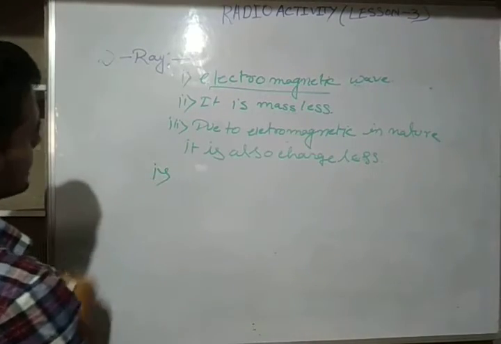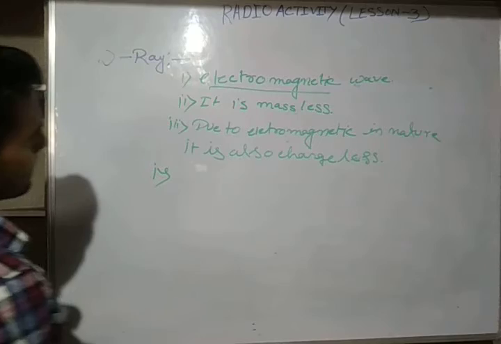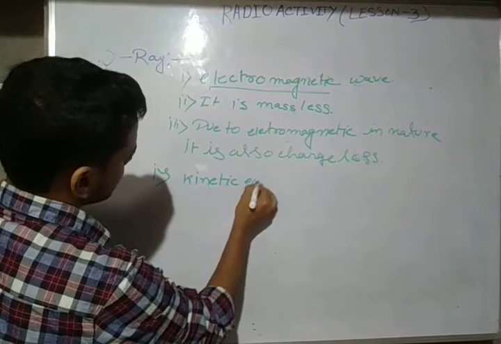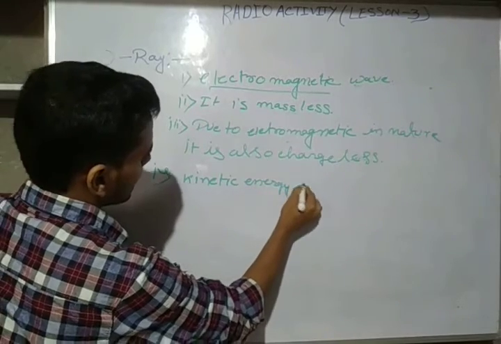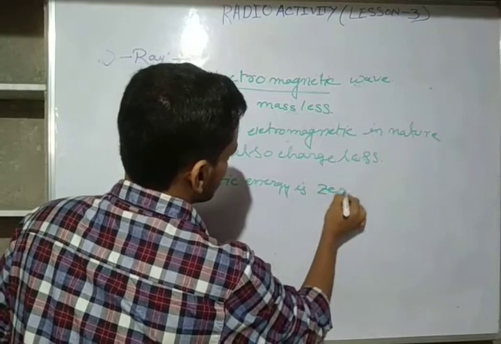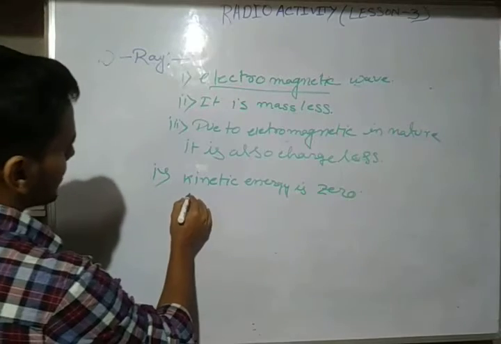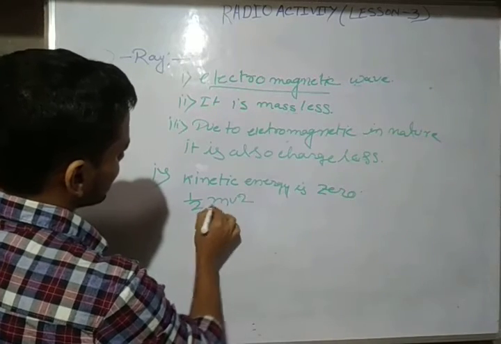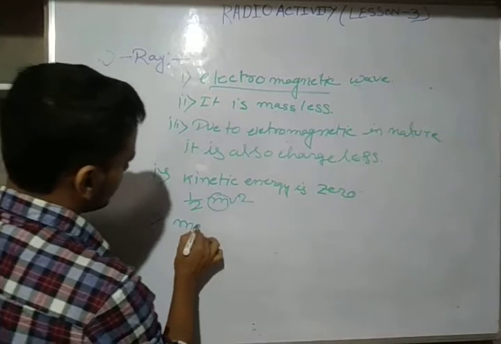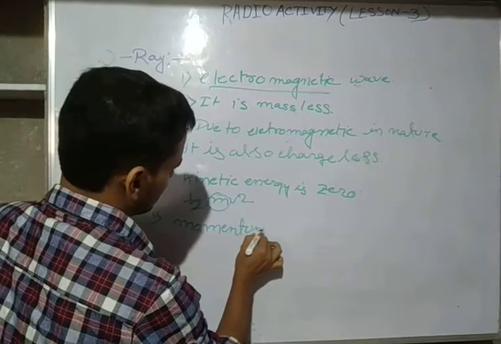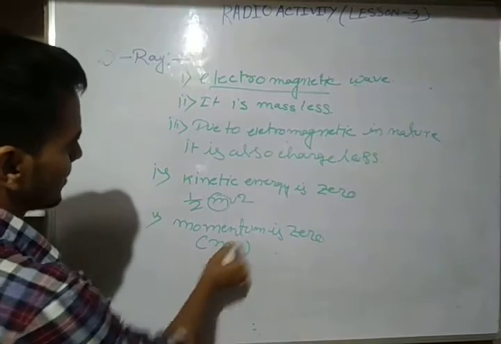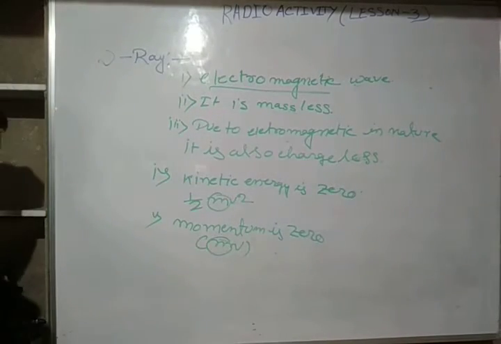As it is massless, its kinetic energy is zero, because kinetic energy is denoted by half mv square. Due to massless, mass is zero, kinetic energy becomes zero. Momentum is also zero, because momentum is denoted by mv, mass m is 0, so momentum is 0.